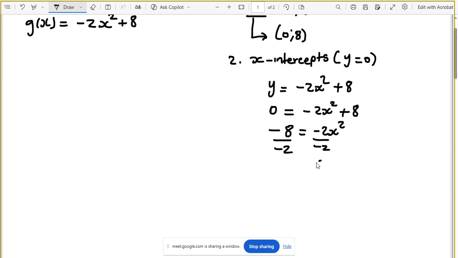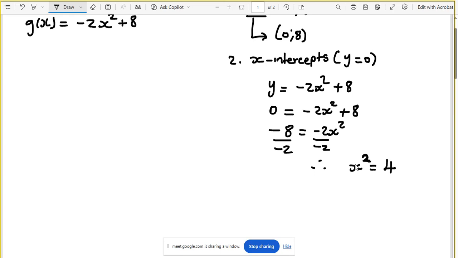Therefore, this side is x squared, equals minus 8 over minus 2, that's positive 4. Okay? Then, to make x the subject of the formula, what should we do next? Because I need to get rid of this 2 on top. You see the 2 on top? We need to get rid of that. How can we cancel the 2?